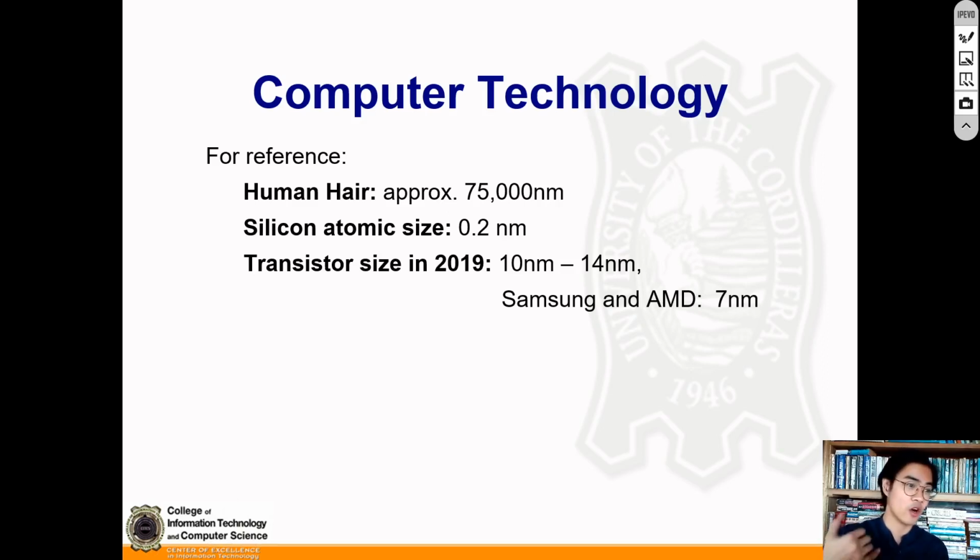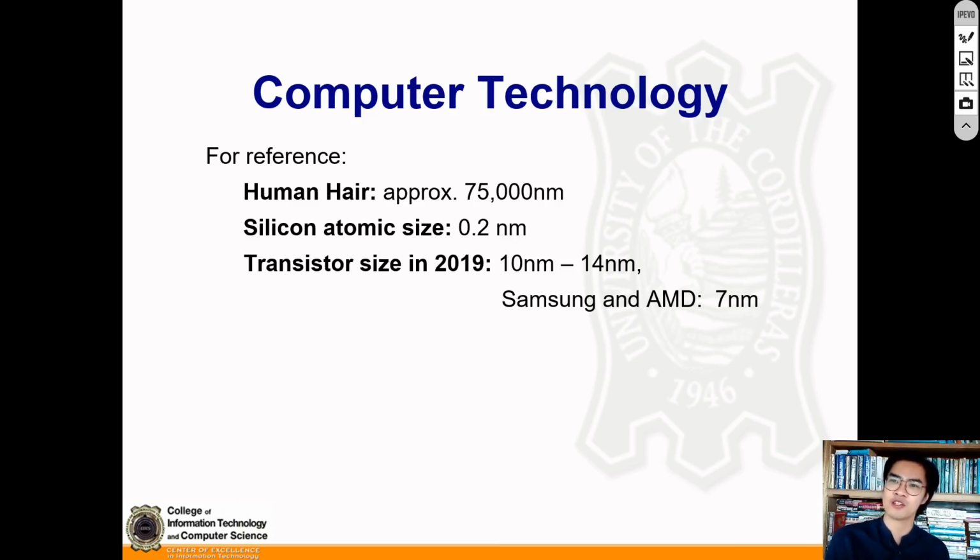Because remember, all instructions your computer executes should be in binary. So anything that can be flipped on and off, anything that can be represented as a 0 or a 1, can potentially be a base element for your transistors, right?